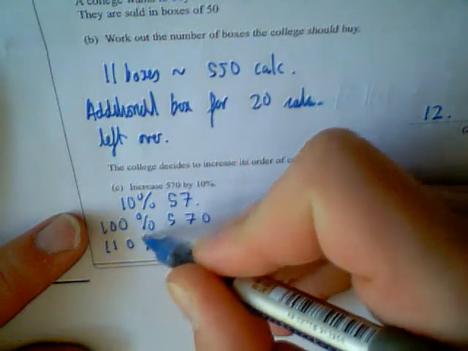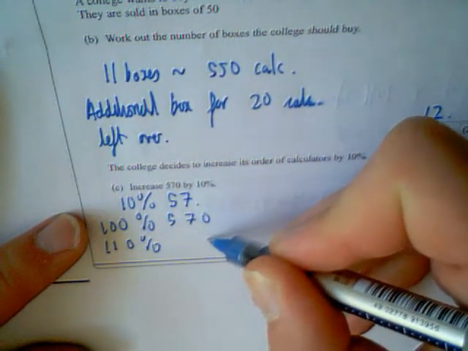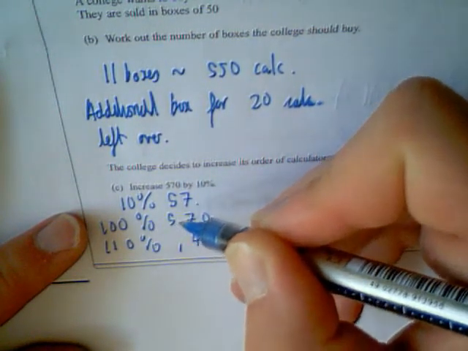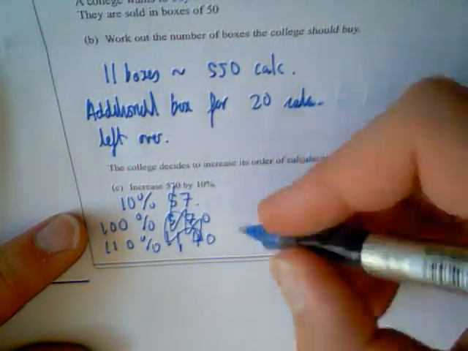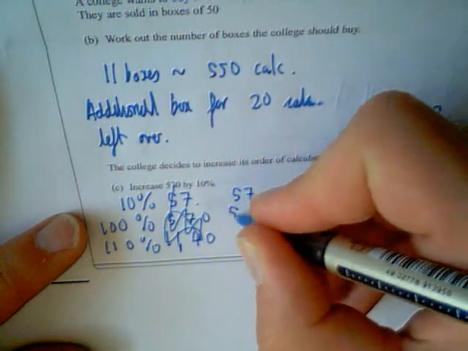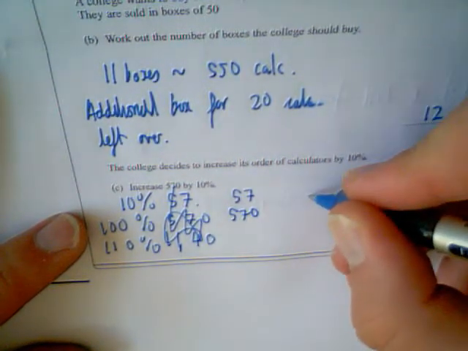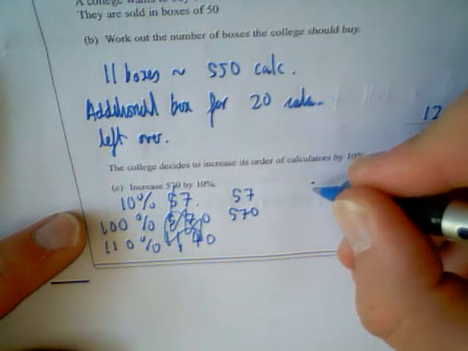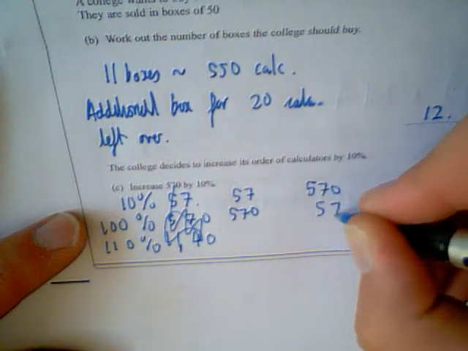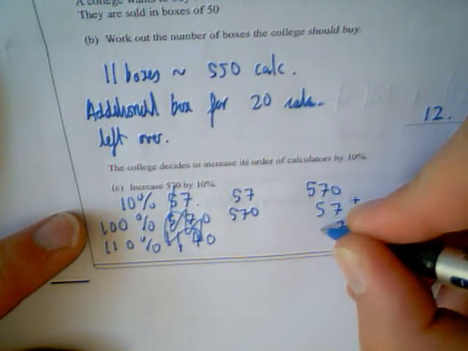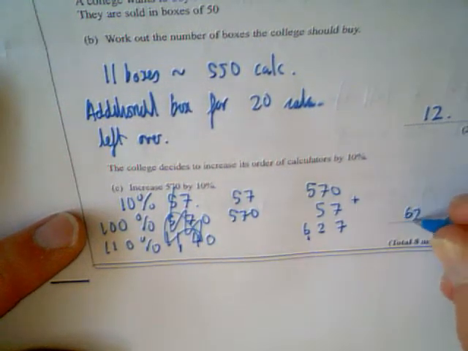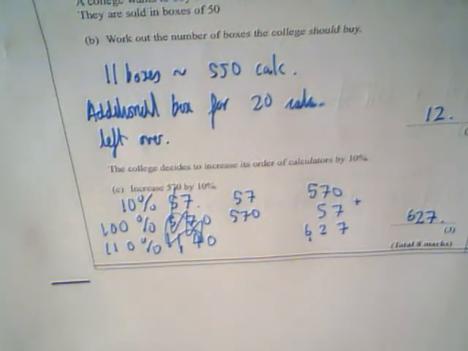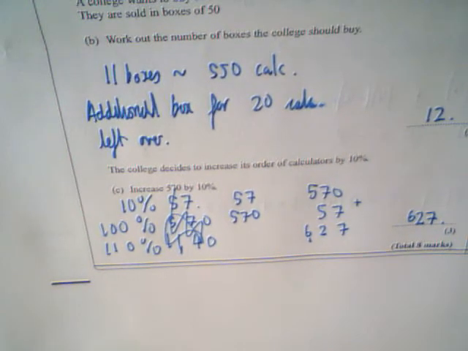So 110% is going to be 570 plus 57, which is 627. And we're done. This question's worth 8 marks, so it's a lot of points at hand, and you should be able to get them all.